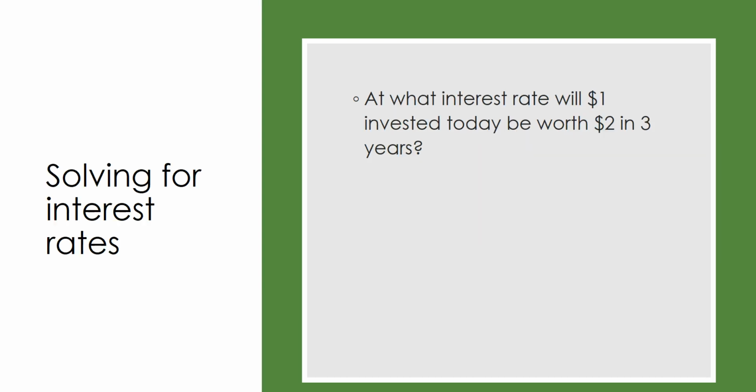So sometimes we might be interested in solving for interest rates. So if we wanted our money to double from $1 to $2 in 3 years, what interest rate would we have to earn to make it double in just 3 years? So today we're depositing $1, and in 3 years we're going to be withdrawing $2.